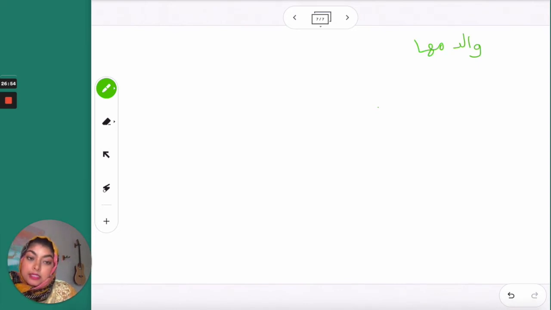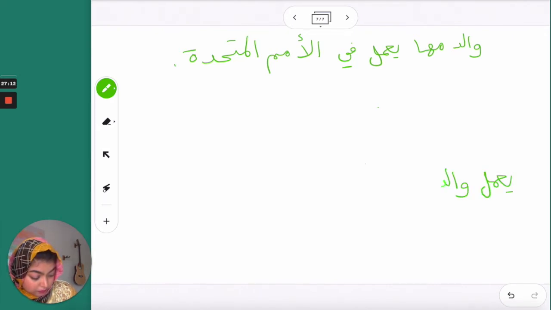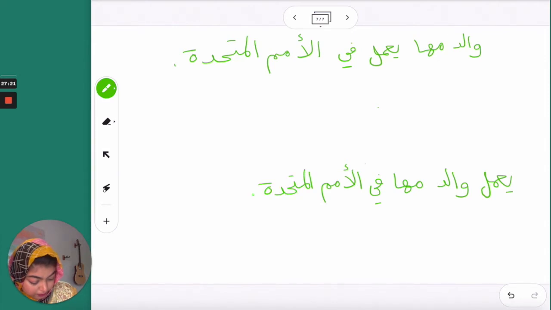We're going to stick with maha because we're talking about maha. والد مها يعمل في الأمم المتحدة. يعمل والد مها في الأمم المتحدة.